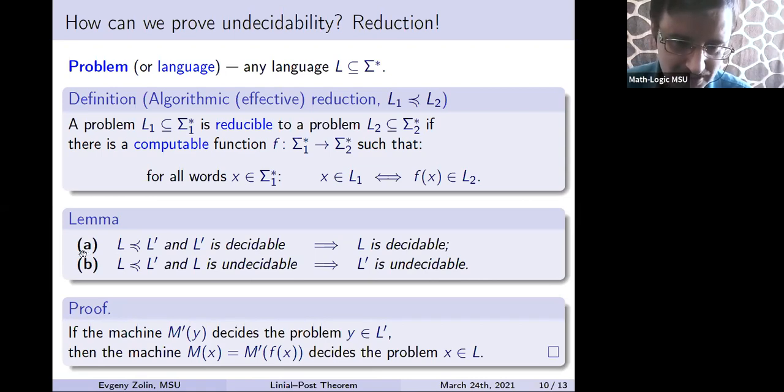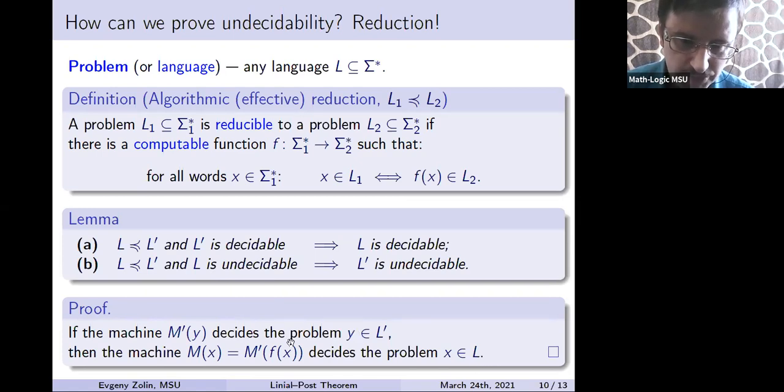We prove only A. So assume that L prime is decidable. So there is a Turing machine or program in some computable programming language, such that for any input y, this Turing machine stops and returns 1 if and only if this input belongs to L prime. Now, how can we check, using this Turing machine and this computable reduction function f, that some x belongs to L?